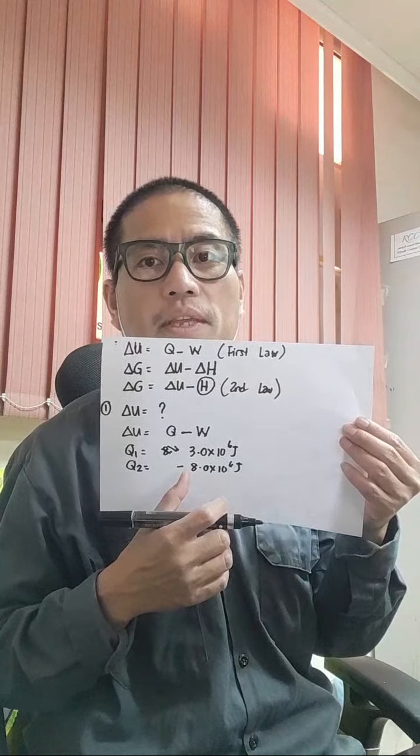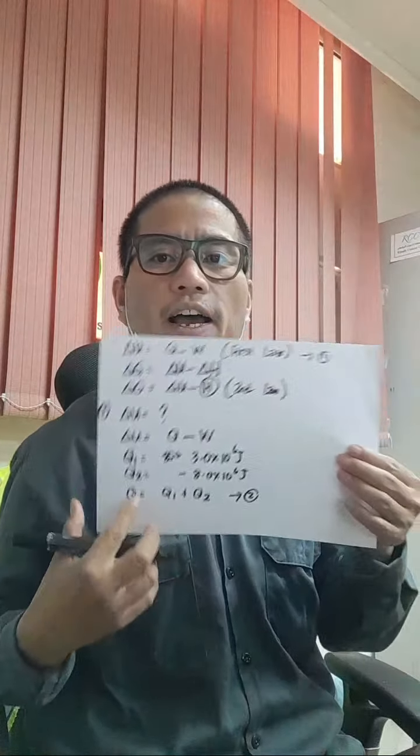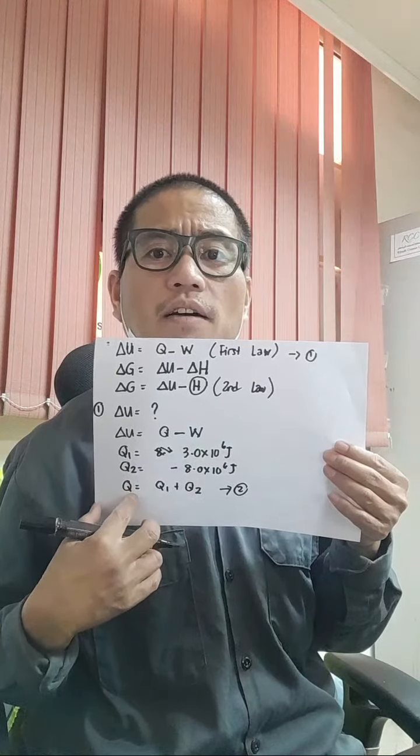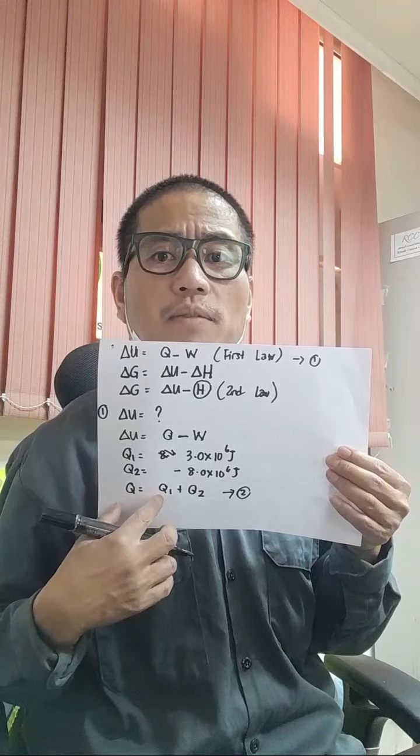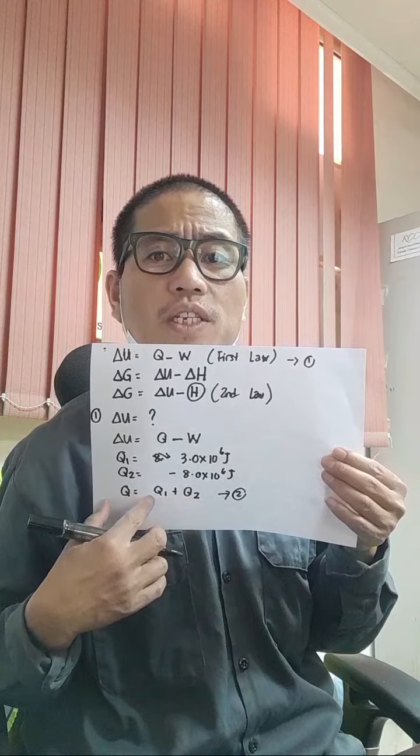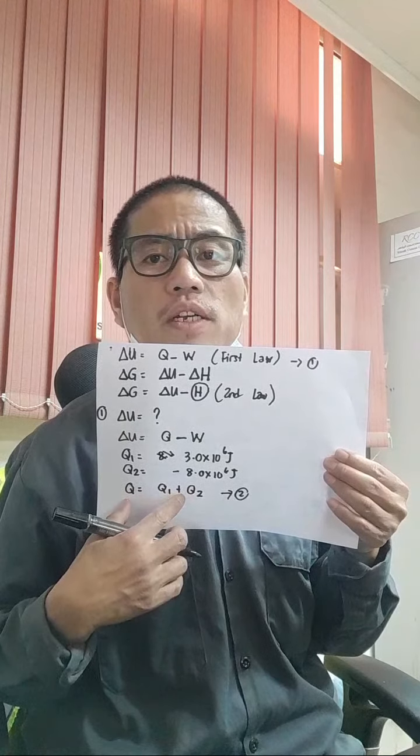So we can solve this as: total heat content Q is equal to Q1 plus Q2, the heat transferred to the system plus the heat transferred to the environment.